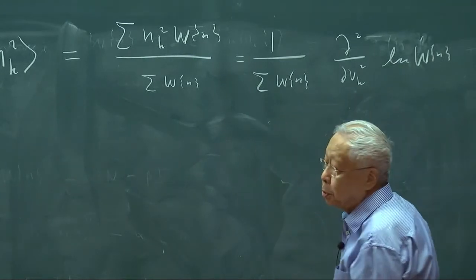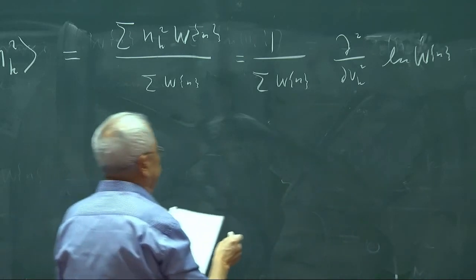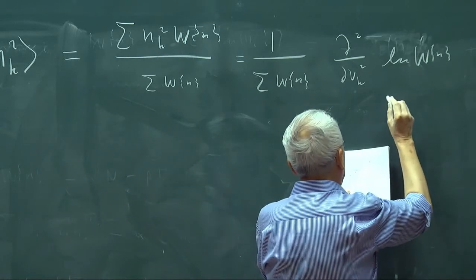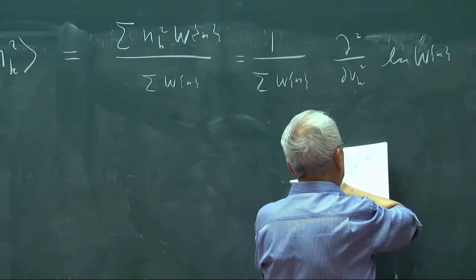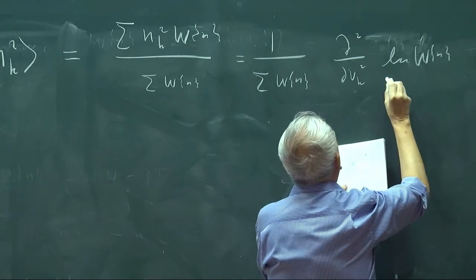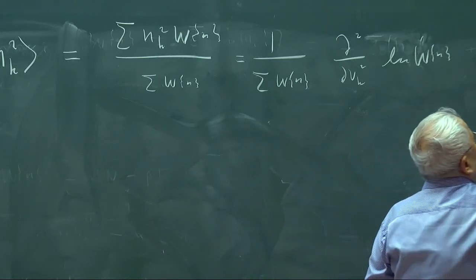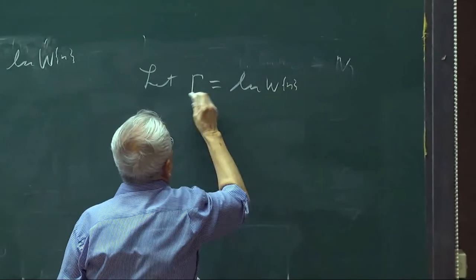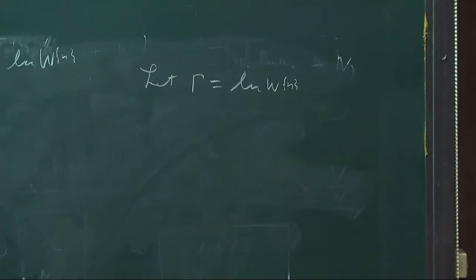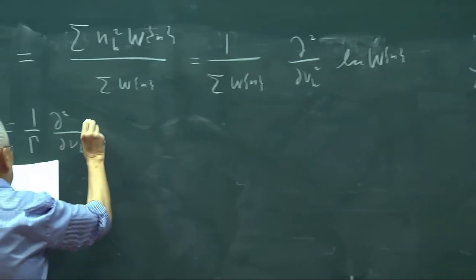I do it twice, I bring on 2 powers. And to save writing right now, I'll just call this gamma. So this is just equal to 1 over gamma times d by d nu k squared of gamma.